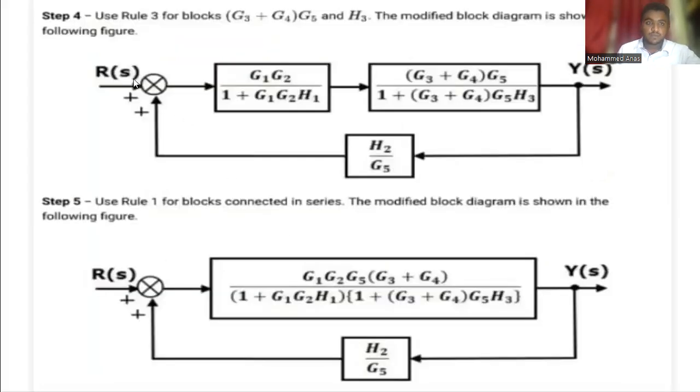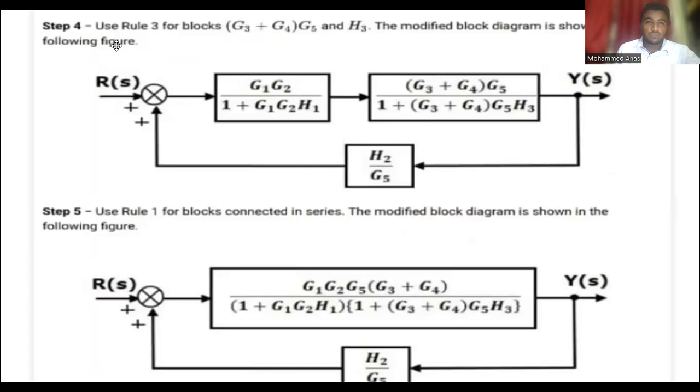Now step 4, use rule 3. The block G3 plus G4 into G5 and H3 are connected in a minor loop. After converting that, we get G3 plus G4 G5 divided by 1 plus G3 plus G4 G5 into H3.